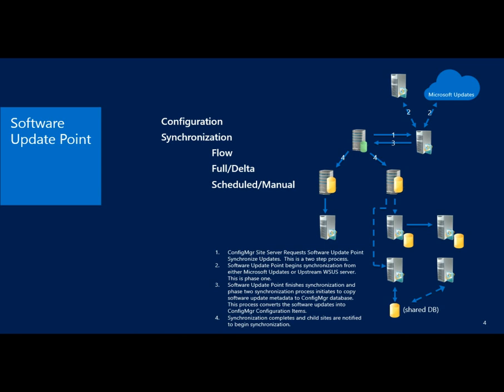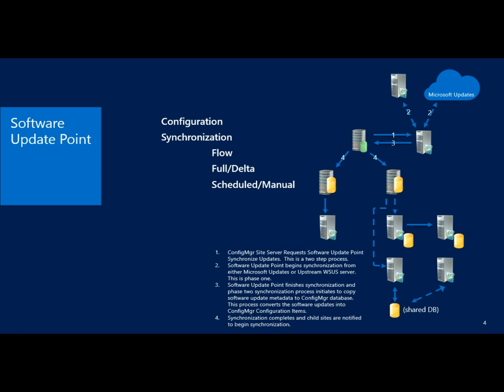Also, if you go through and change the subscription detail, like the categories you're subscribing to, the products, whatever, then we'll go through and we'll trigger a full synchronization. In addition, if you make changes to the supersedence settings, again, I'll show you these in a minute, then that will trigger a full synchronization, right?